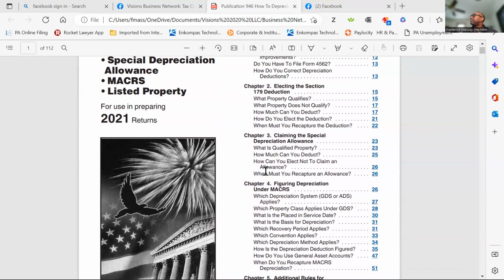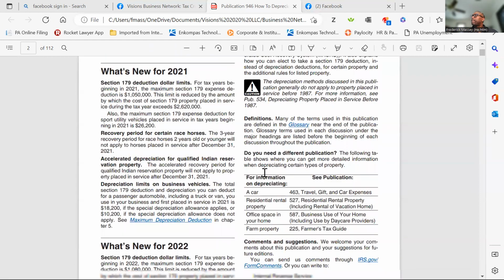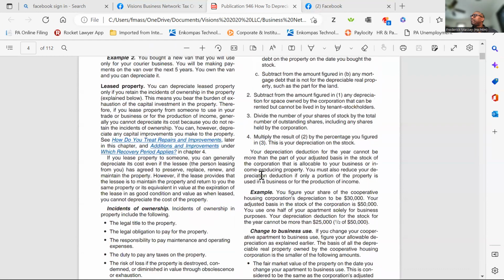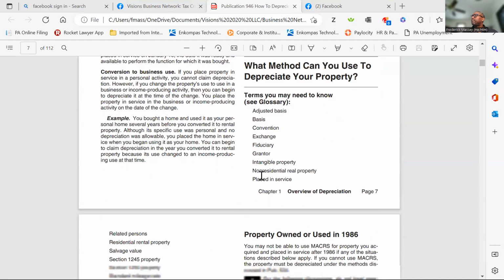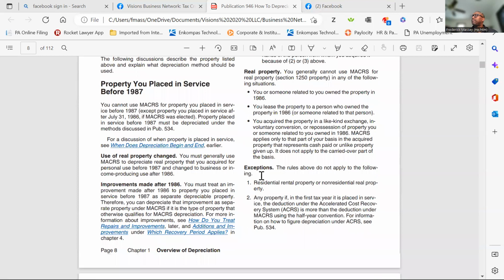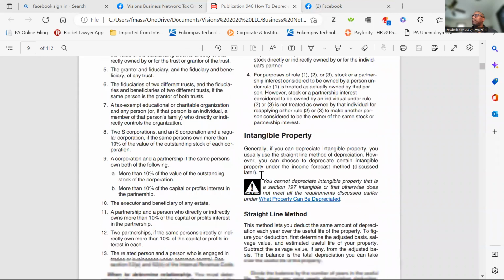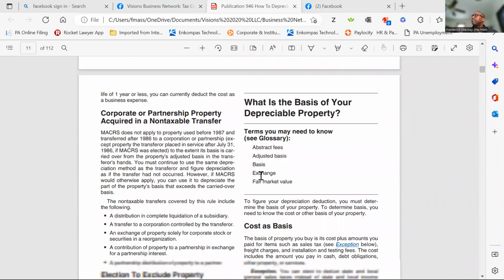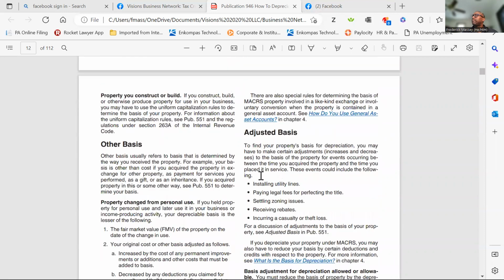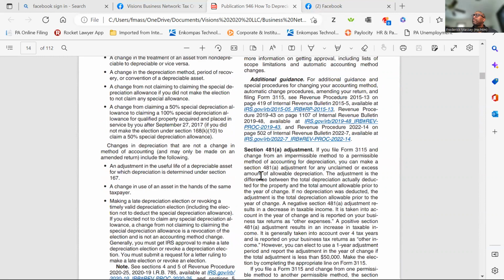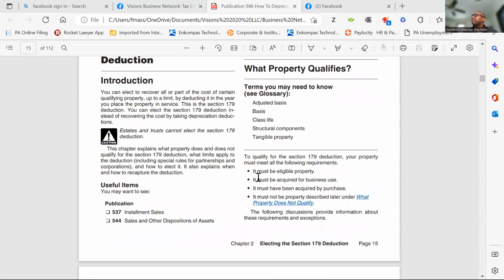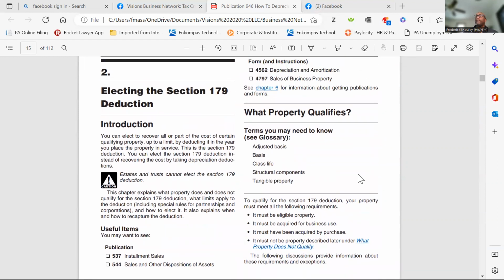Let's go here. Okay, section 179 deduction.